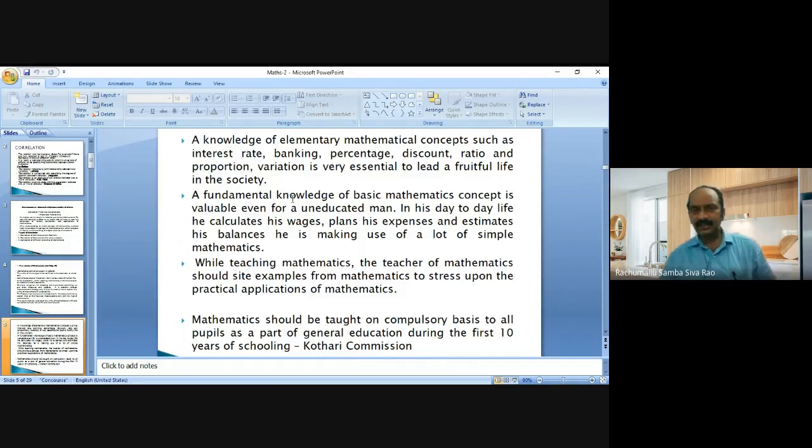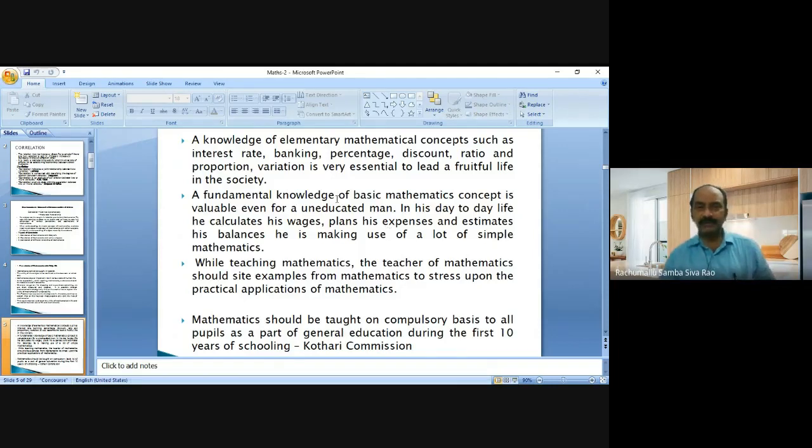Let us review the discussions we had earlier. In every minute of our life, there is a mathematical application directly or indirectly. Without the application of mathematics, we cannot complete a day successfully. In every walk of our life, mathematics plays a vital role.